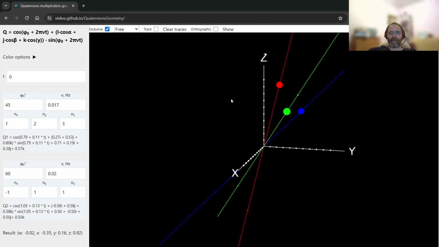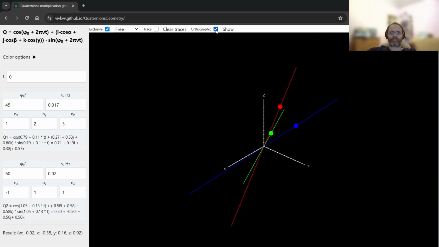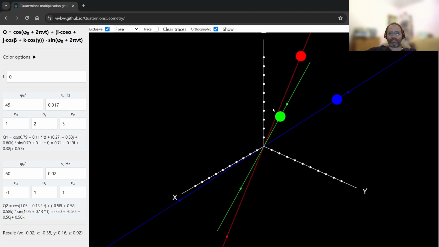We see a coordinate system which can be rotated, scaled, and switched to orthogonal or orthographic projection. There are also three colored axes with large dots and small dots. These axes define the directional vectors for the quaternions. Their display can be turned off. I will leave only the display of the first quaternion for now.